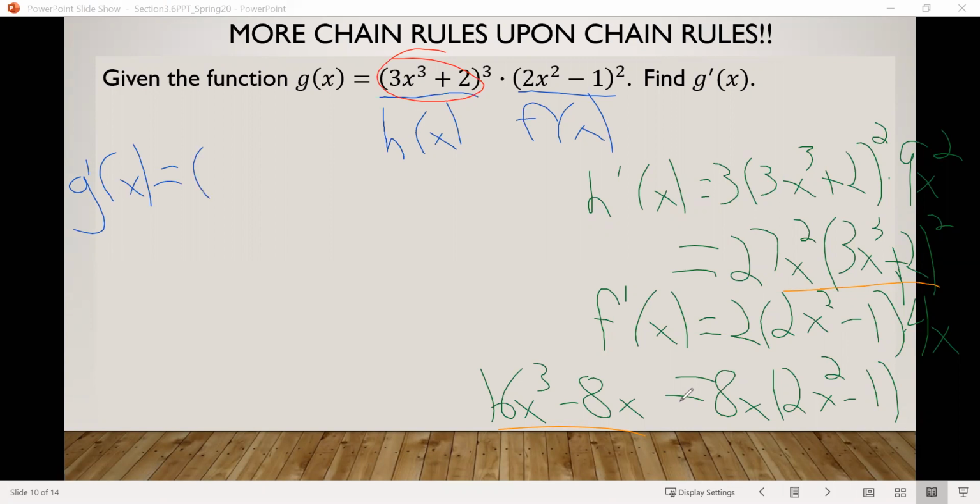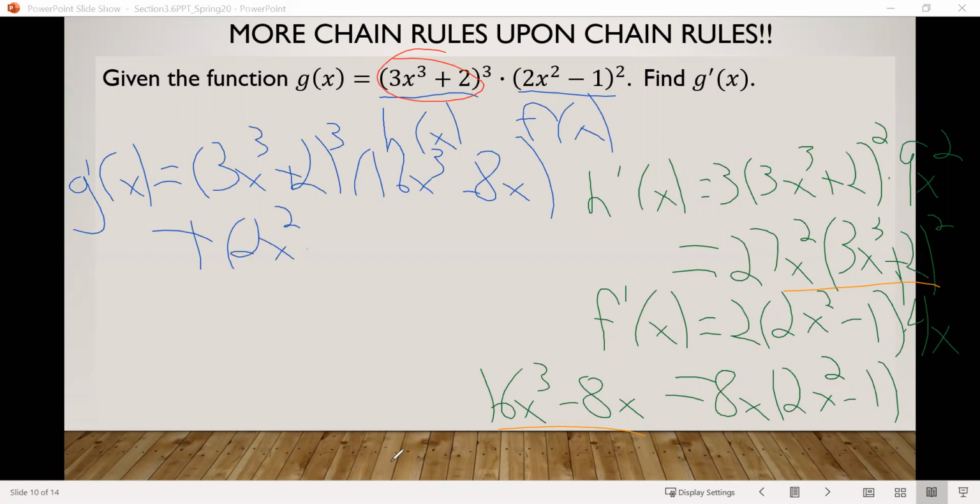So we'll do the first function, 3x cubed plus 2 to the third, times the derivative of the second function, f prime, which we simplified to be 16x cubed minus 8x, plus the second function, 2x squared minus 1 squared, times the derivative of the first, which is 27x squared times 3x cubed plus 2 squared.